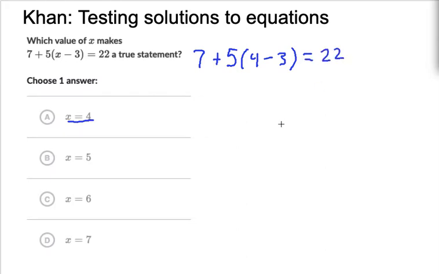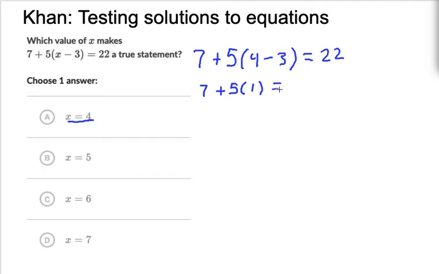So we need to do our calculations and see. We can't do anything with this addition because we have to follow our order of operations, which means we need to do the parentheses first. So our 7 just drops down, plus 5, and now we work inside our parentheses. We do the 4 minus 3, which gives us 1.